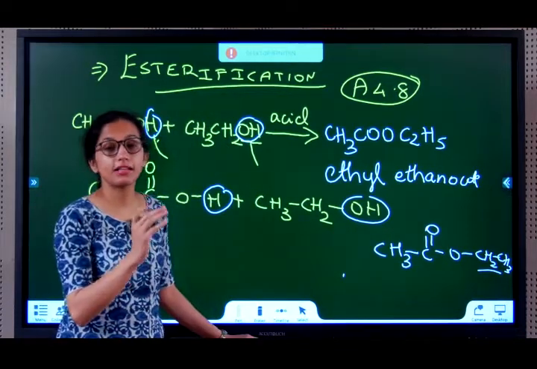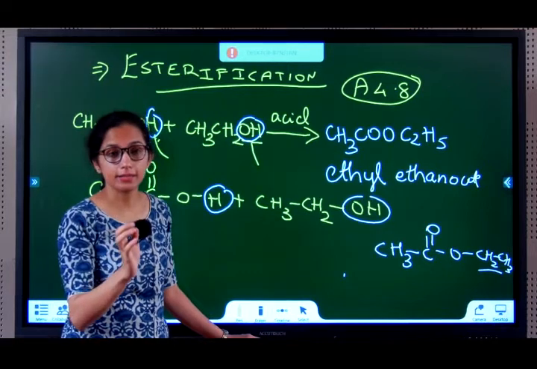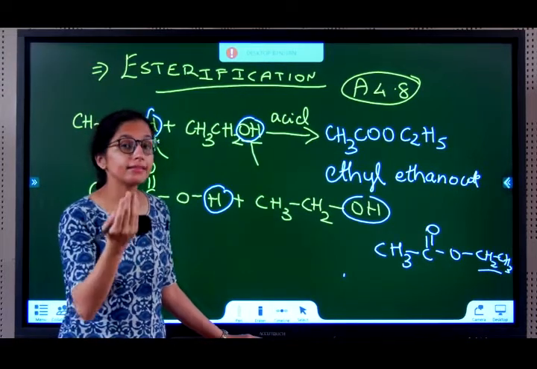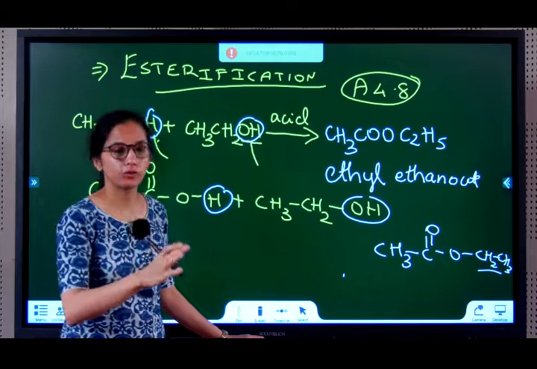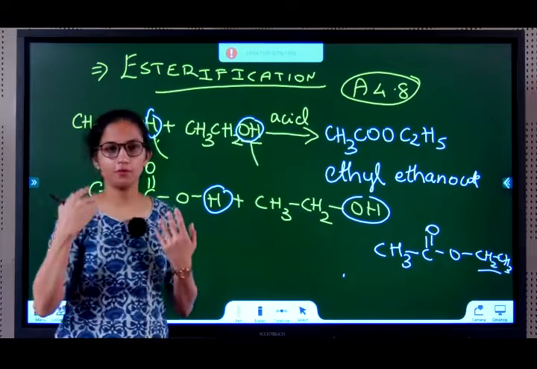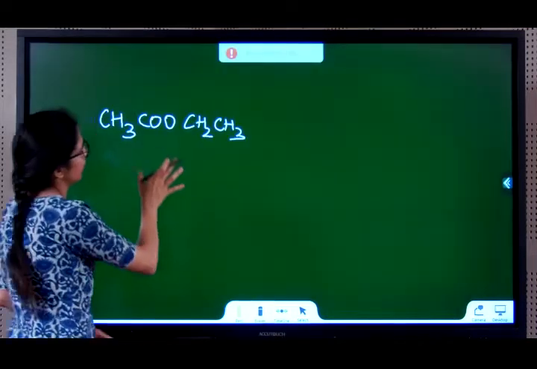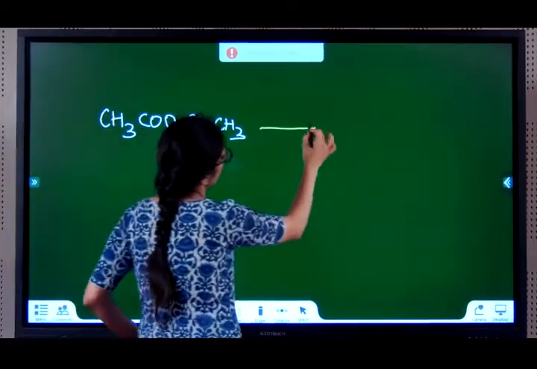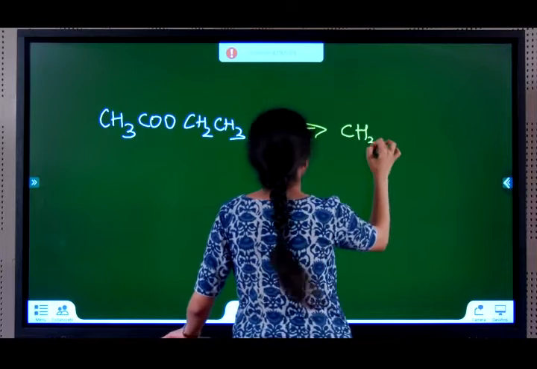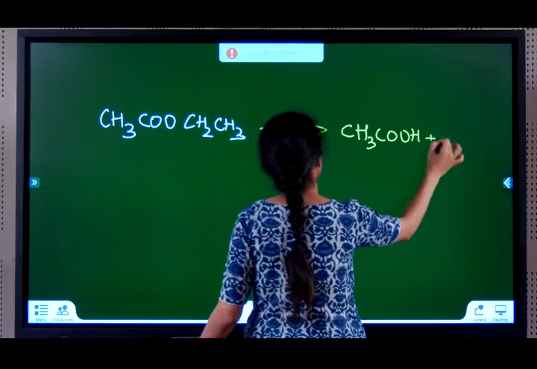These esters are sweet smelling substances, right? Hence they are also used in perfumes. Esters are used to make perfumes. Your perfumes give you a good fragrance. Nothing but esters. This ester can be converted back to ethanoic acid and ethanol.